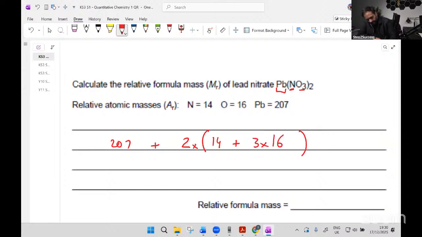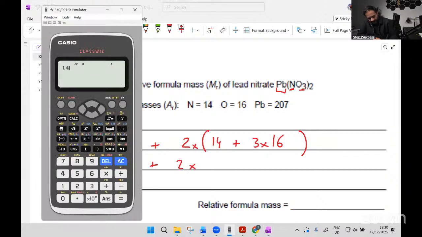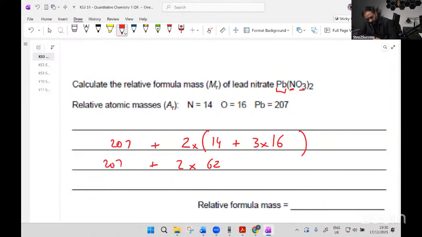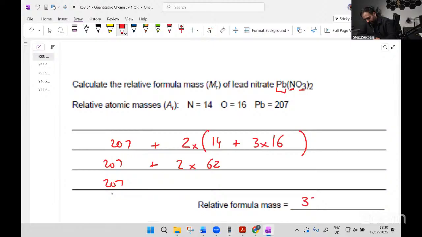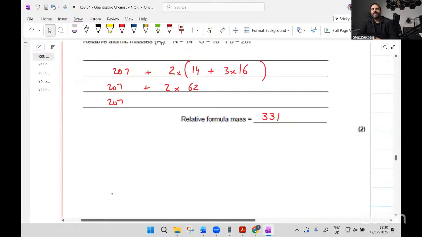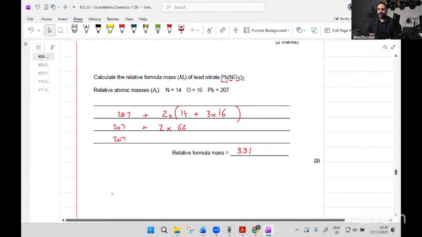So we've got 207 plus 2 times, do the brackets first. 14 plus 3 times 16 is 62. 207 plus 2 times 62 is 331. That would be the relative formula mass of that one. So you have to be careful with the brackets.